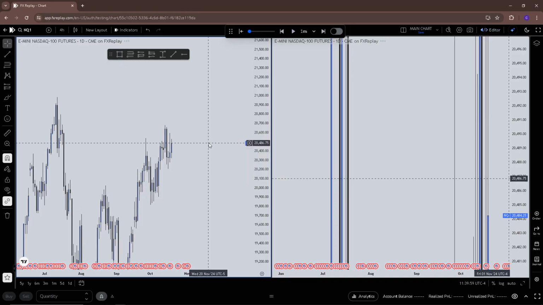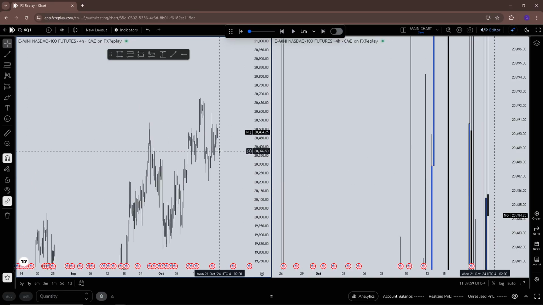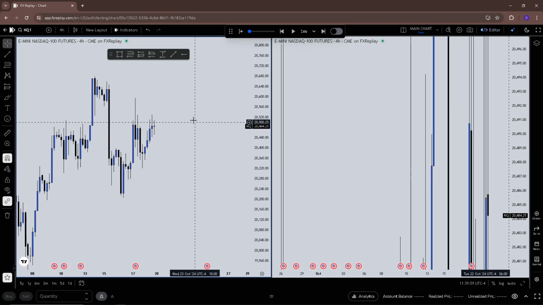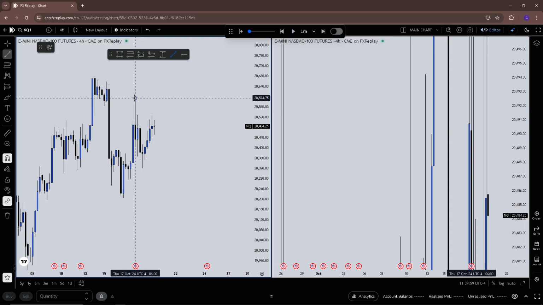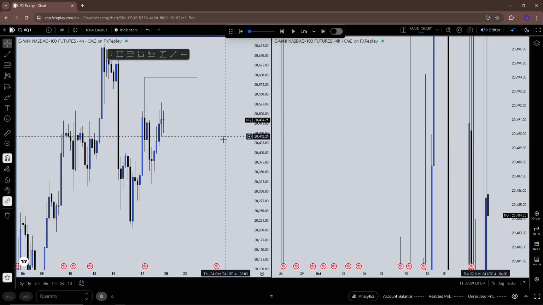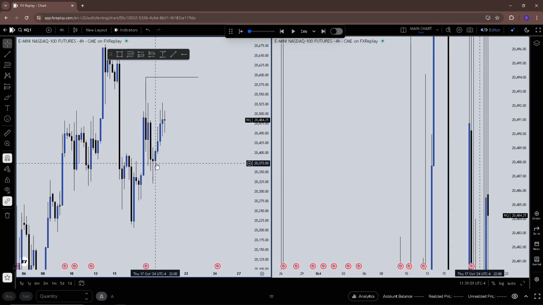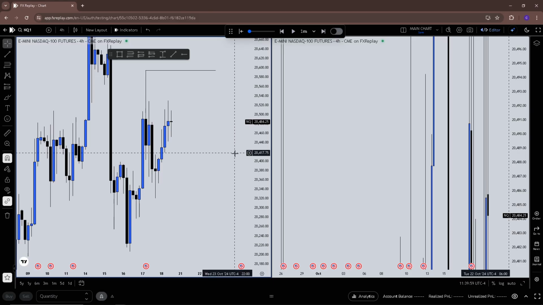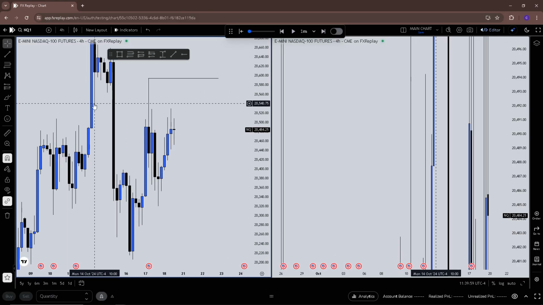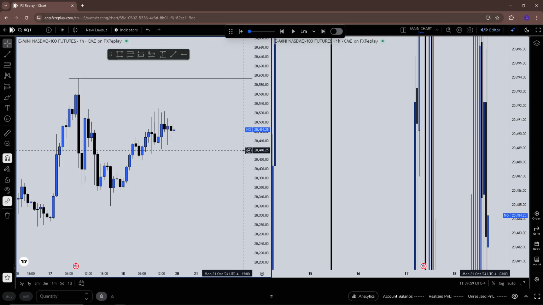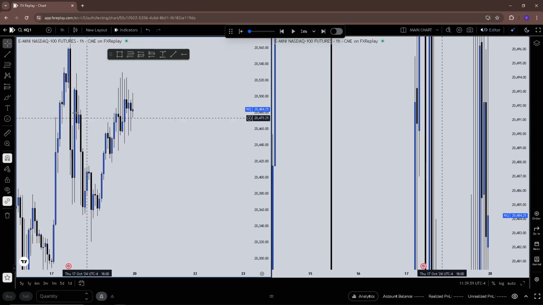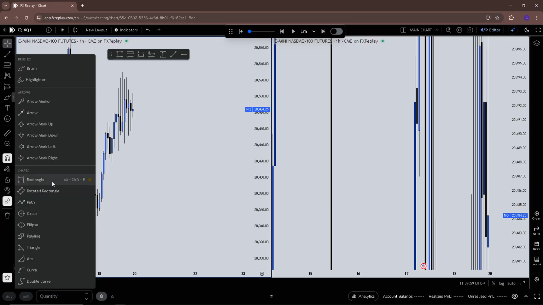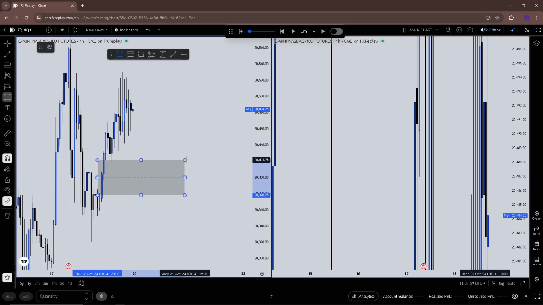I'd like to take long since we just swept this daily fair value. Yeah, we are inside of this 4 hour though. So we have all these unfilled hourly gaps below.